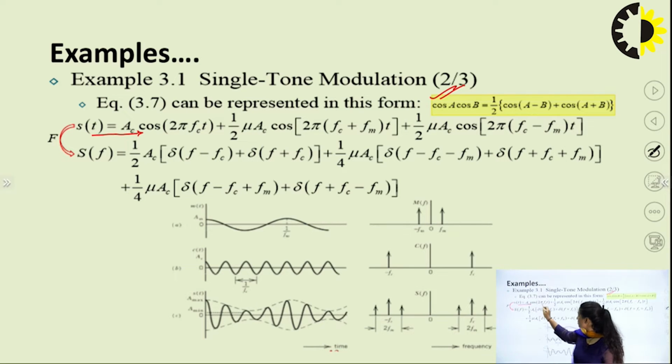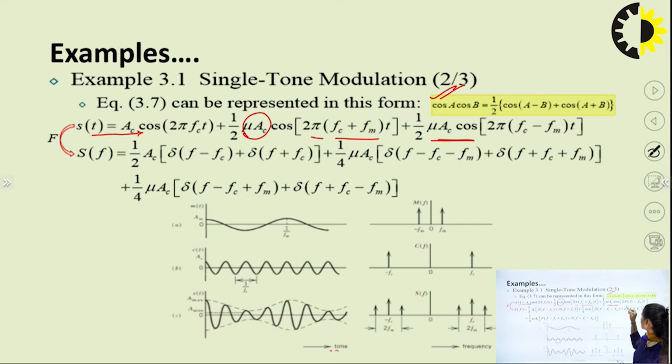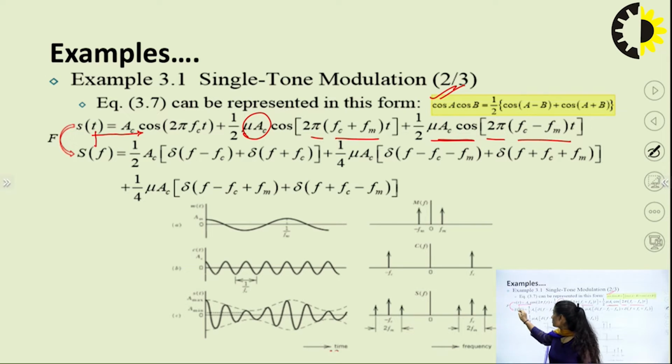So Ac cos 2 pi fc t plus half of the external coefficient cos of 2 pi (fc plus fm) t plus half of the external coefficient cos of 2 pi (fc minus fm) t, right? And when I take the Fourier transform, small s to capital S represents time domain to frequency domain conversion, which we do using the Fourier transform.